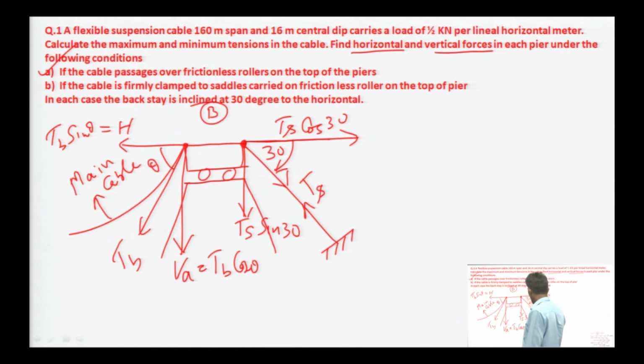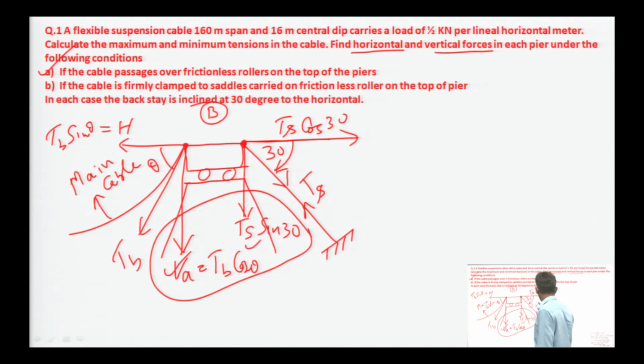With this resolution of forces, the forces acting in the vertical direction are these two forces, V A and T S. So, the vertical forces acting here are V A plus T S sin 30. T S is the tension in anchor cable, that you need to calculate.